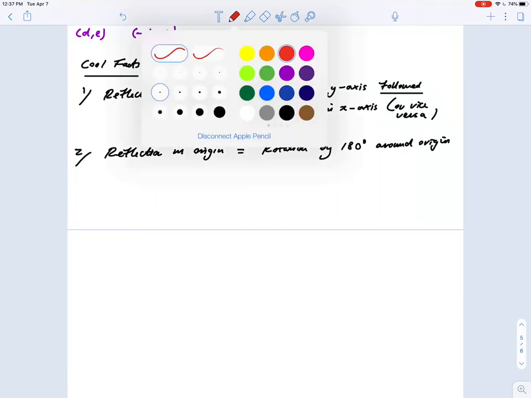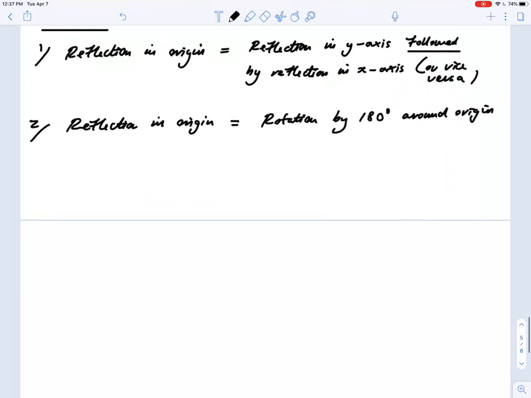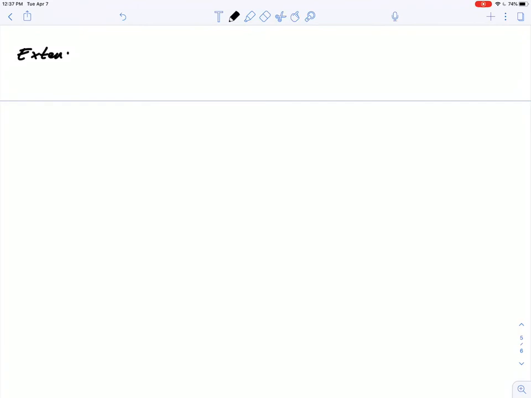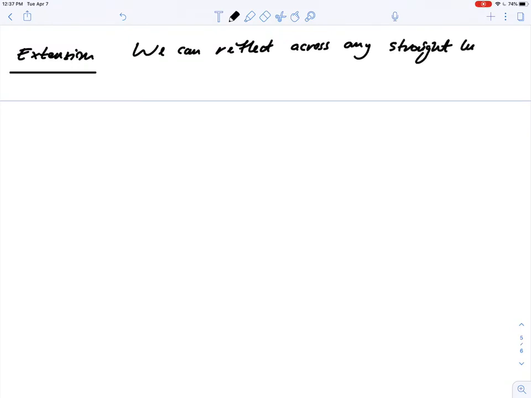So, what should we do? Well, let me extend this a bit. So a bit of an extension. We can actually reflect across any straight line in the xy plane, can't we?